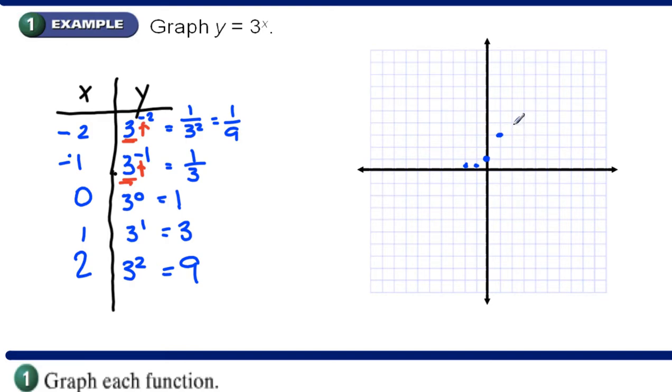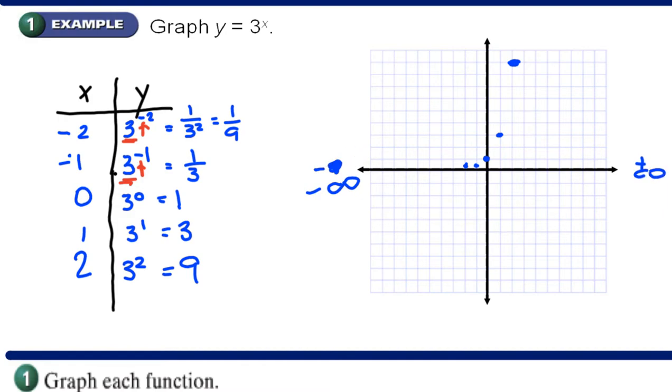So we've got 3, 4, 5, 6, 7, 8, 9. All right, so now we want to draw our curve to model this growth. It's going to be approaching from negative infinity over here, and approaching positive infinity over there.